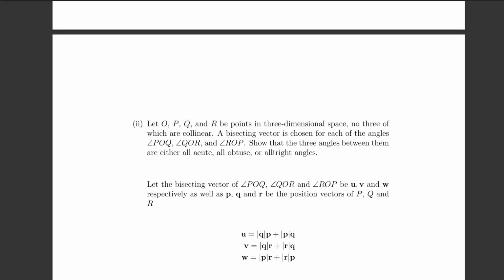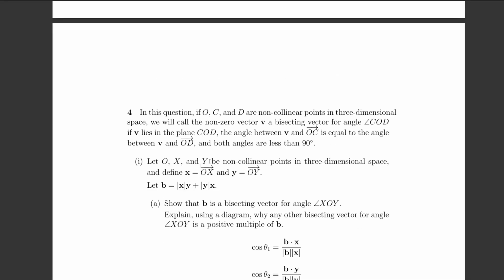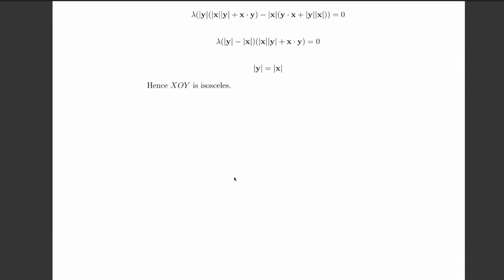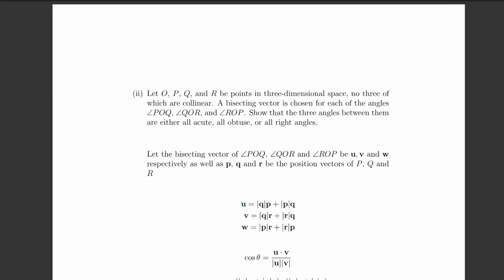So using the first part of this question, we know that if we basically have a triangle in 3-dimensional space and they're non-collinear, we can define the bisecting vector in terms of those 2 vectors. So in here, we just use that idea to define u, v, and w in terms of p, q, and r, right?